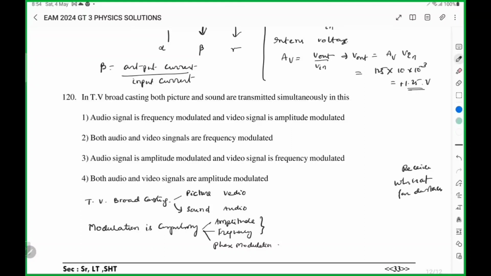Can we use the same modulation for both? We cannot. So here, if they travel through the same modulation, that is either amplitude or frequency modulation, there is a possibility of mixing the signals.